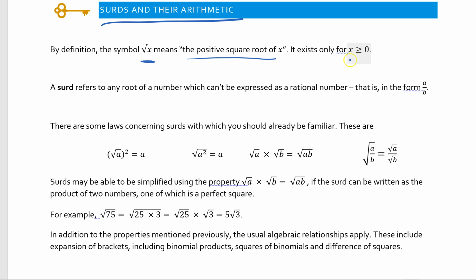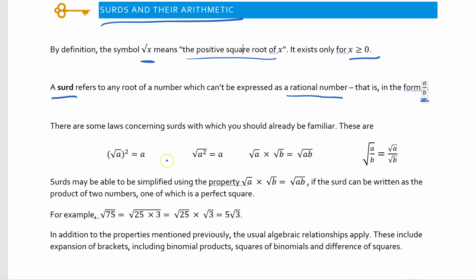Square root, of course, only exists for numbers x greater than or equal to 0. And a surd is just any root of a number which can't be expressed as a rational number. So as we said previously, that means it can't be expressed exactly in the form a over b.